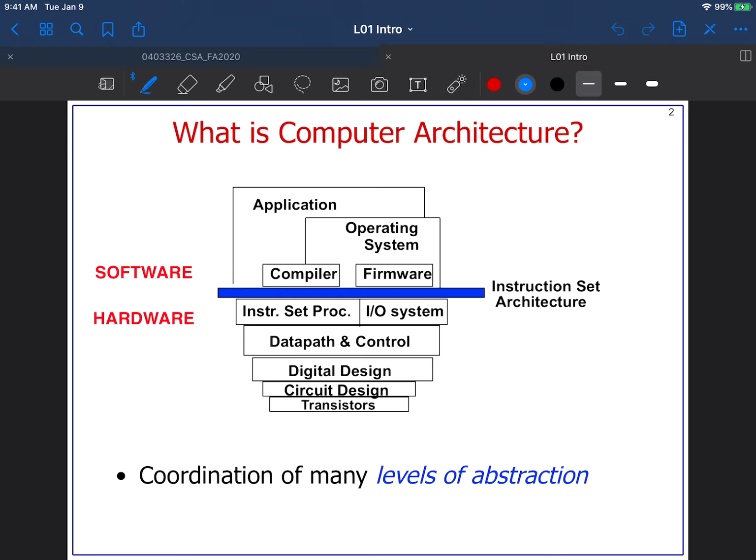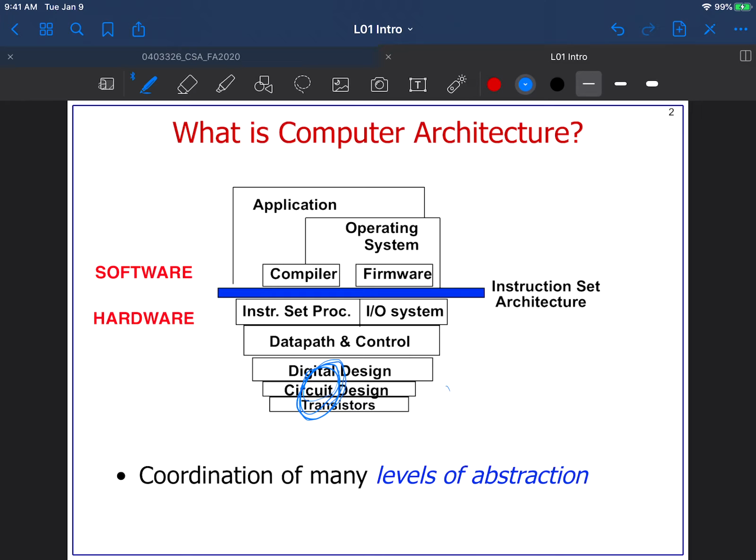Based on that, or in parallel to that, you also study logic design. Logic design goes vertically, sometimes to circuits, up to digital design.